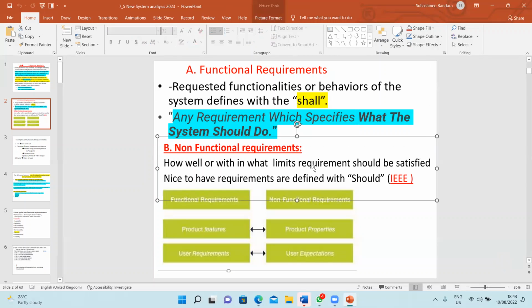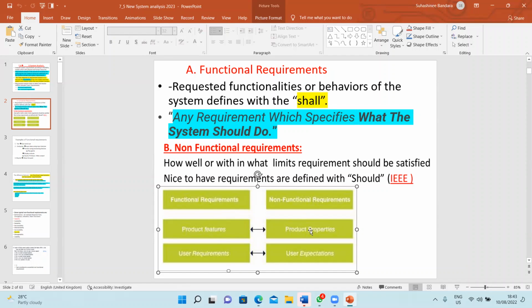When we consider the non-functional requirement, it is how well, or within what limits, the requirement should be satisfied. That means how the system requirements are going to be satisfied. There are some nice-to-have requirements, where the word should is used. Functional requirements mean product features, and non-functional requirements mean product properties.